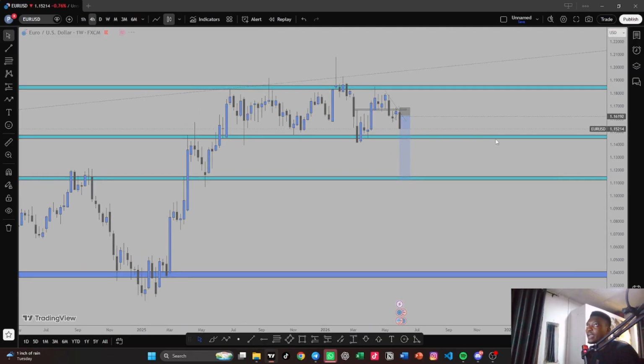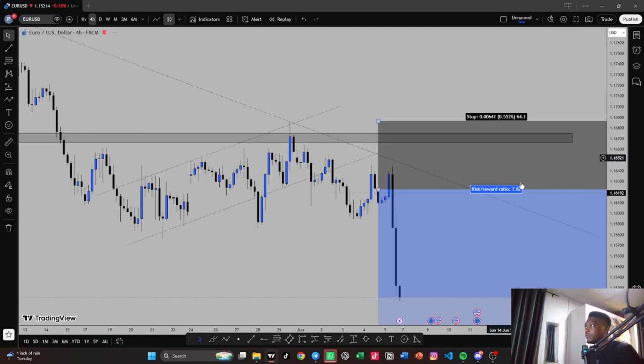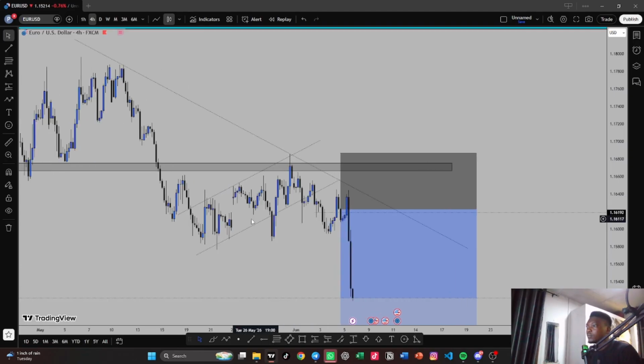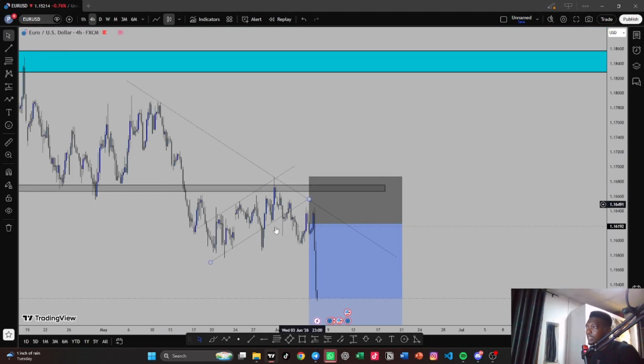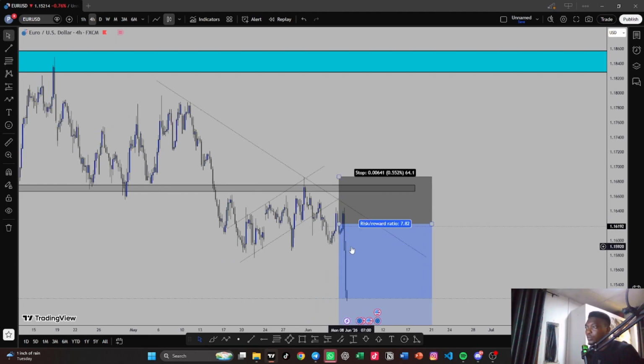So I took my entry using the 4 hour chart. There's this flag pattern, a break and retest. When we are retesting, I love it when price flags or when we create some wedge pattern. So I have that identified. I missed this first push.